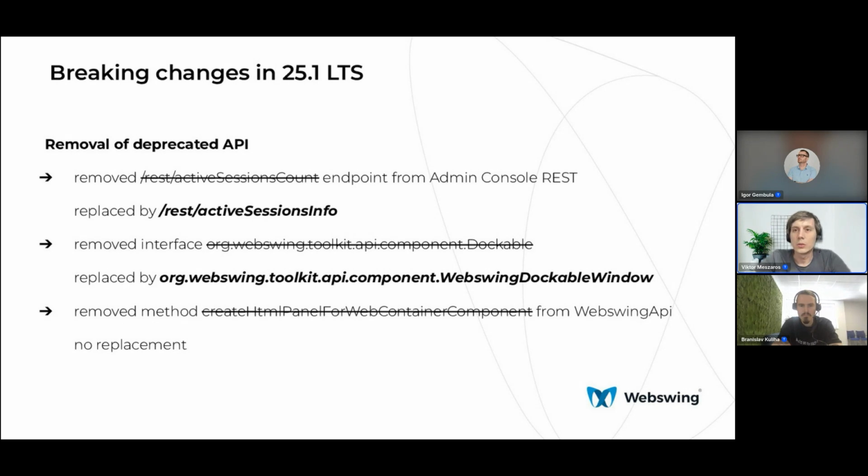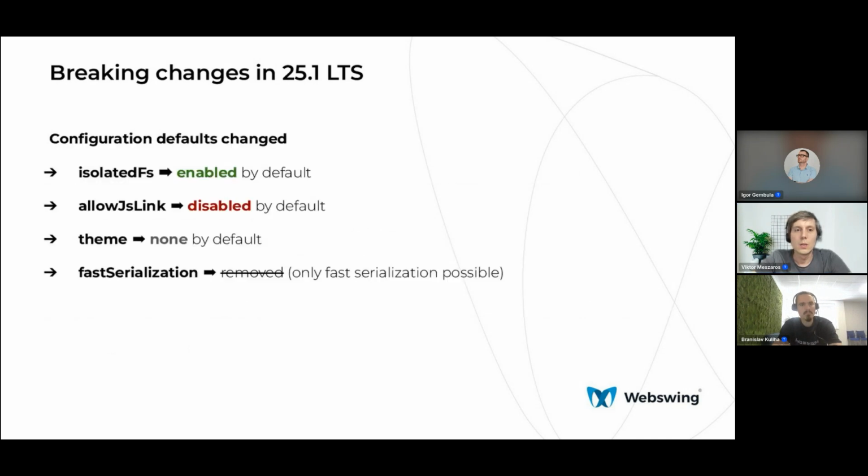Okay, so what's next? Right, the configuration changes. We've changed some defaults in our configurations. By default, in this version, the isolated file system is enabled. Allowed JS link is disabled because we recommend using the JS link direct, which is enabled by default.